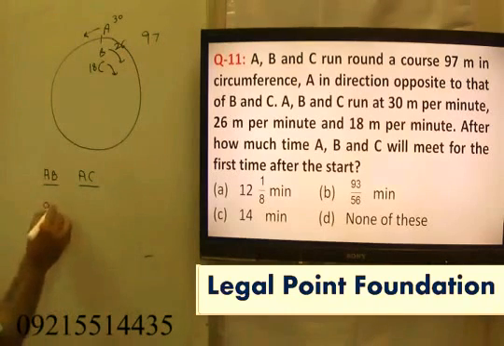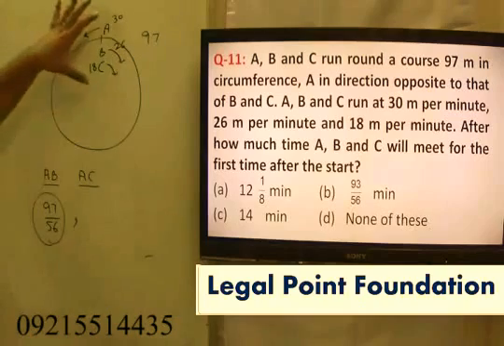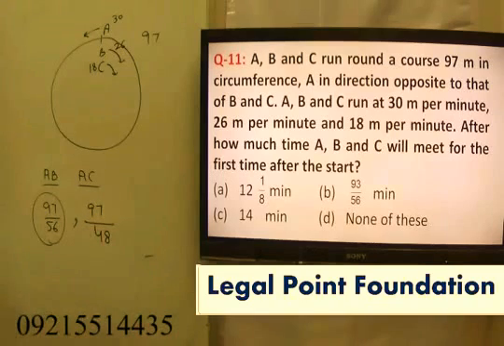The answer is 97 upon 56 minutes. When I talk about AC, the total distance is 97 and their speed is 48. Okay, now I have to take the LCM of that. So LCM of numerator 97, HCF of denominator 56 and 48. The HCF could be taken as 8.